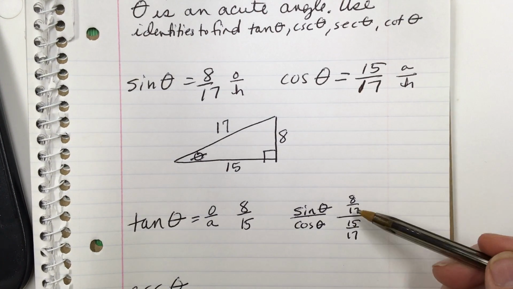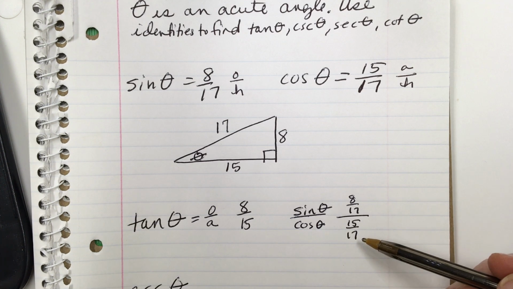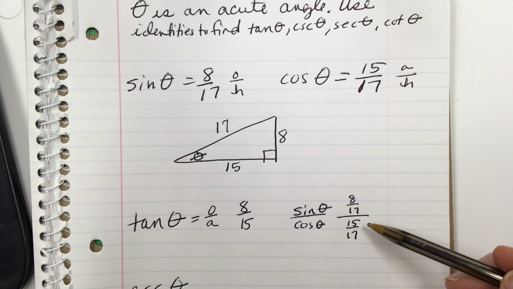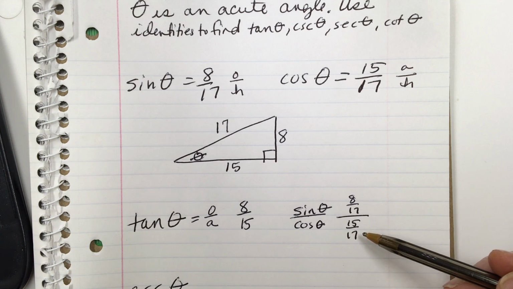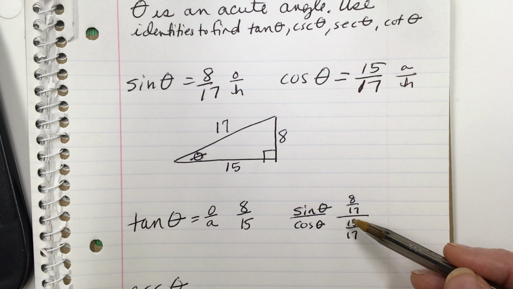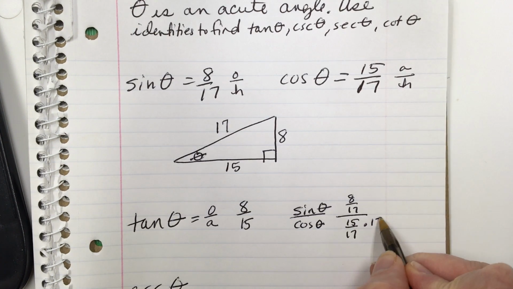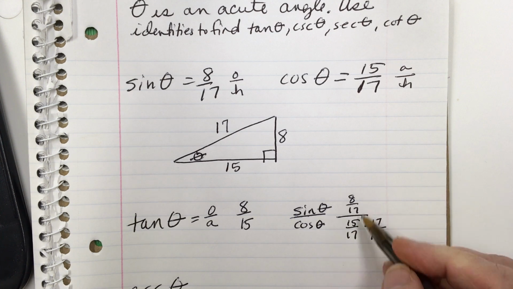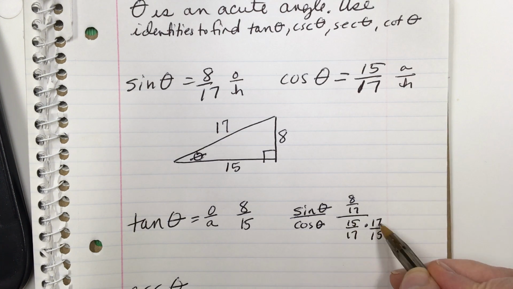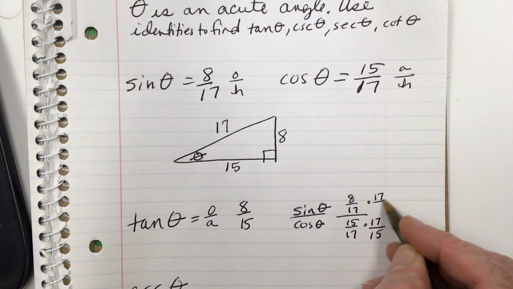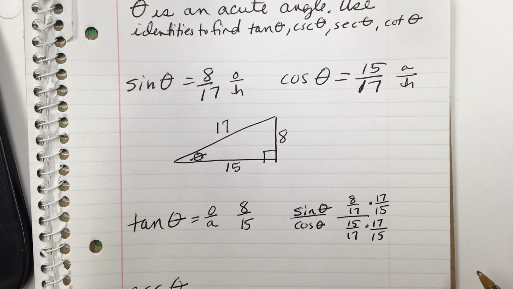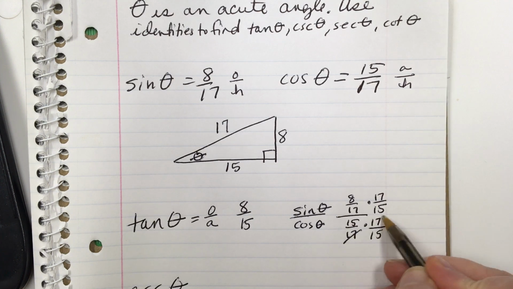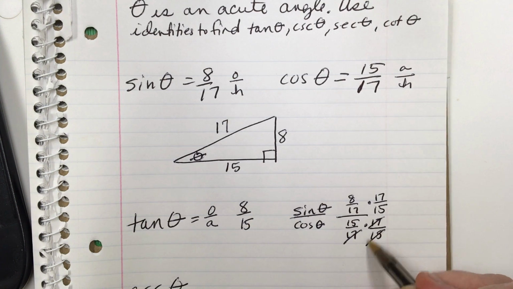Okay? So here we have a fraction divided by a fraction. What we can do is multiply numerator and denominator by the reciprocal of the denominator. So if I multiply by the reciprocal of this denominator, I would flip 15 over 17, multiplying both numerator and denominator by 17 over 15. That's one way to simplify this. Therefore, we can cross-reduce. The 17s would cross-reduce.